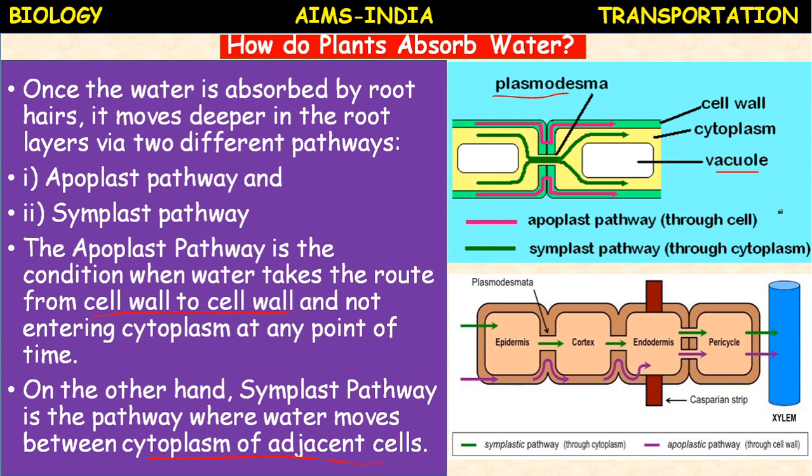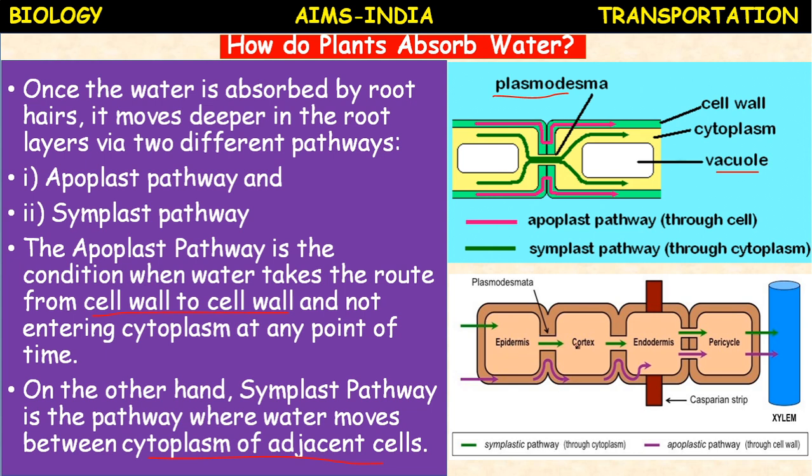So here you can clearly see in this picture plasmodesmata, the adjacent cells. These are the cells, root hair cells, let us imagine. So first epidermis, then cortex, then endodermis, then pericycle. These are the layers in the cross section you can see. Finally it leads to vascular bundles, that is xylem and phloem. Okay, so here the green represents the symplast pathway through the cytoplasm.